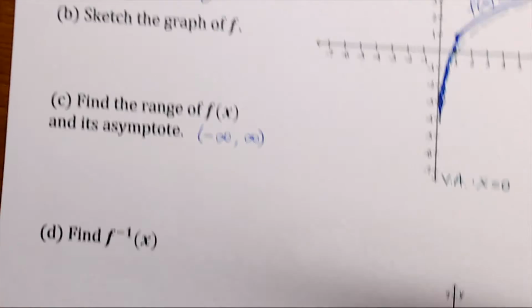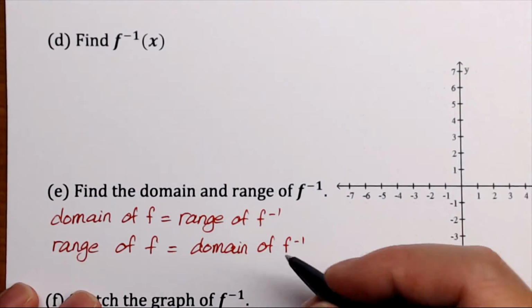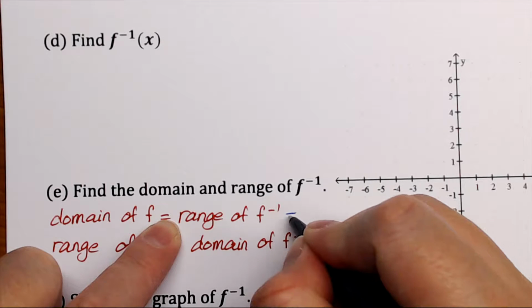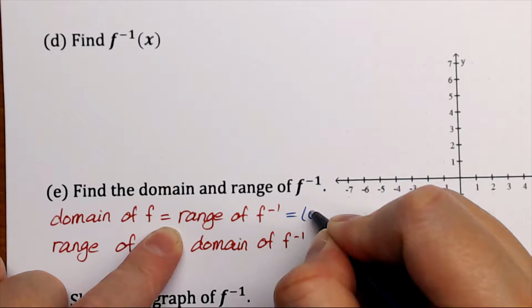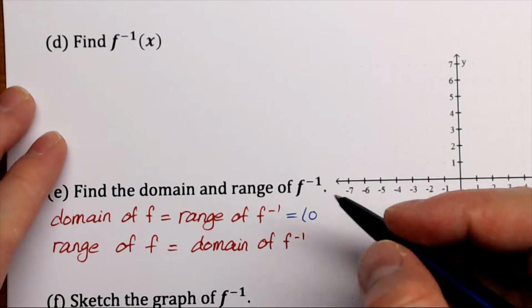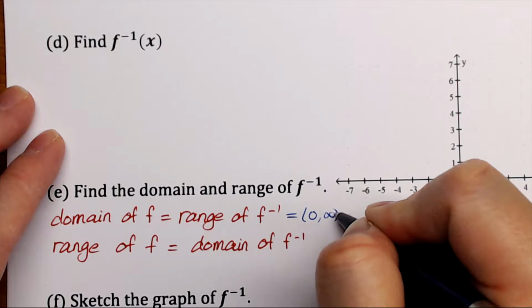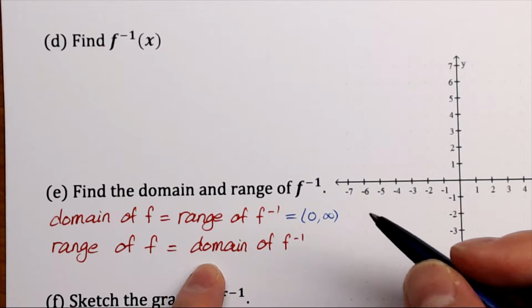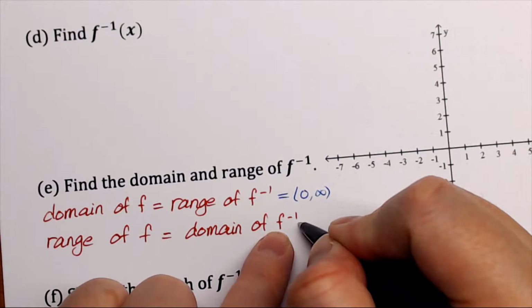And from the first part, the domain is from 0 to infinity. And the range of the function is negative infinity to infinity, so that will be the domain of the inverse.